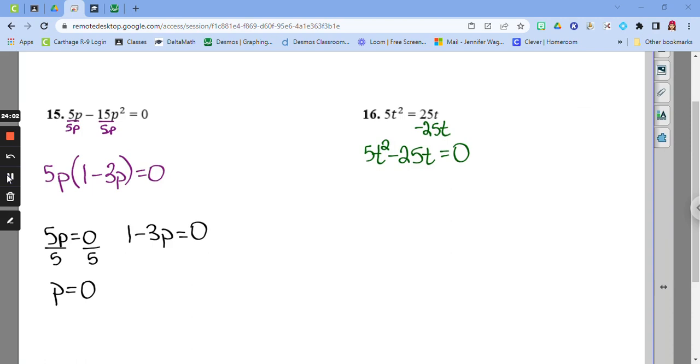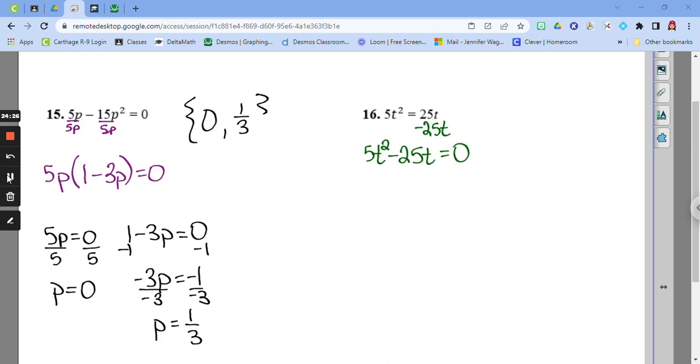On the second one, subtract the 1. Divide both sides by -3. P is a positive 1/3. So 0 and 1/3.